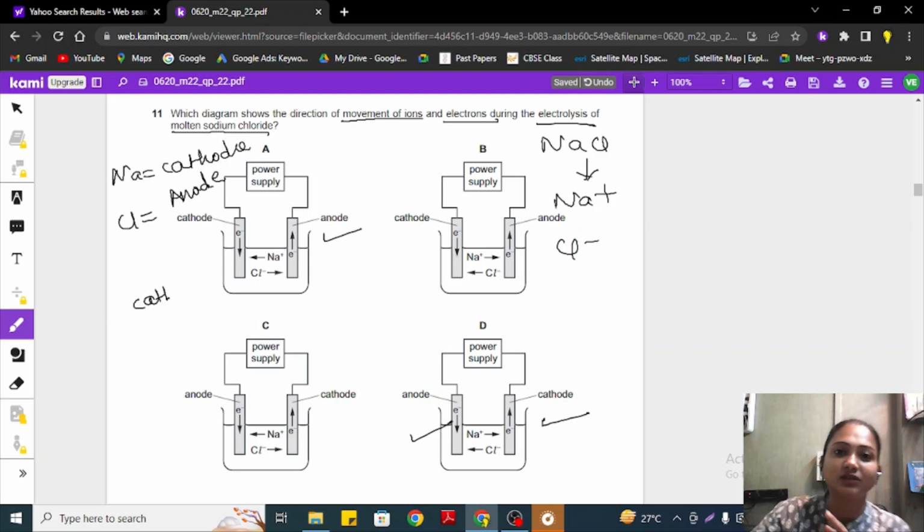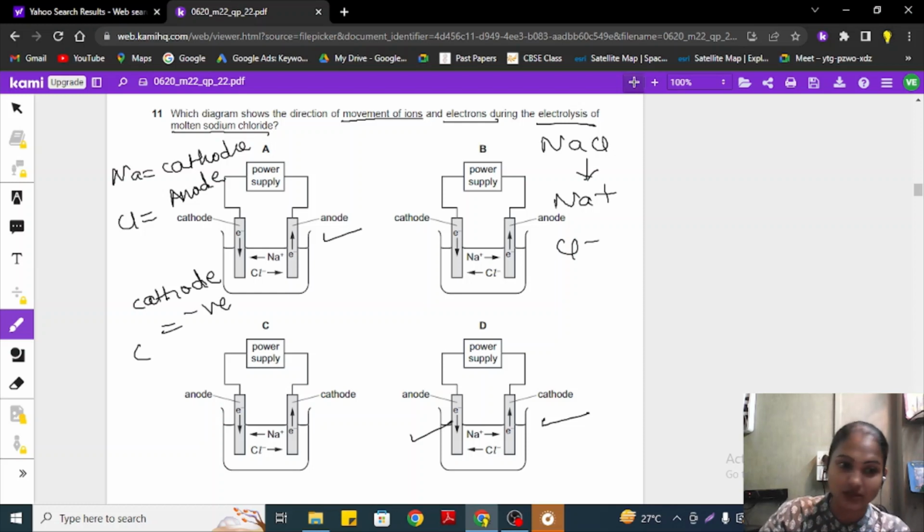Now we have to find out the movement of electrons. For this, you have to understand the basics from physics. Electrons move from the negative terminal to the positive terminal. For the negative terminal, always remember the cathode is a negative electrode.